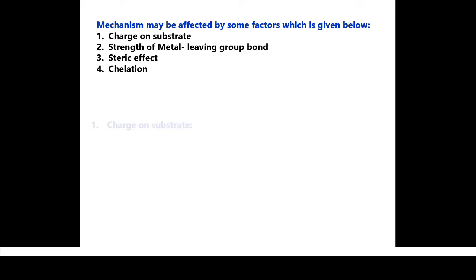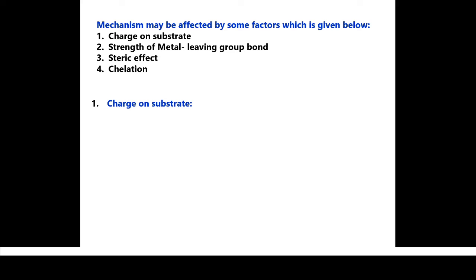The first factor is charge on the substrate. The second one is the strength of the metal leaving group bond. The third one is the steric effect, and the last one is chelation. These are the four factors which may affect the mechanism of acid hydrolysis. So let's see them one by one.